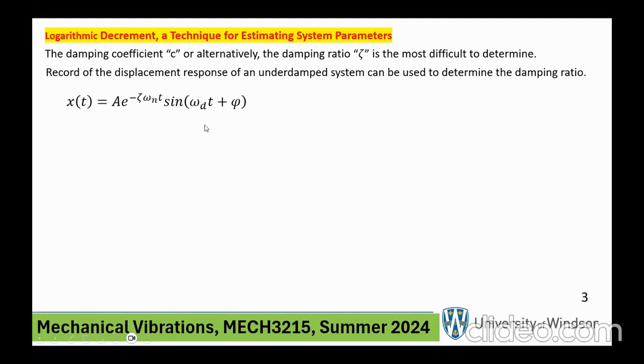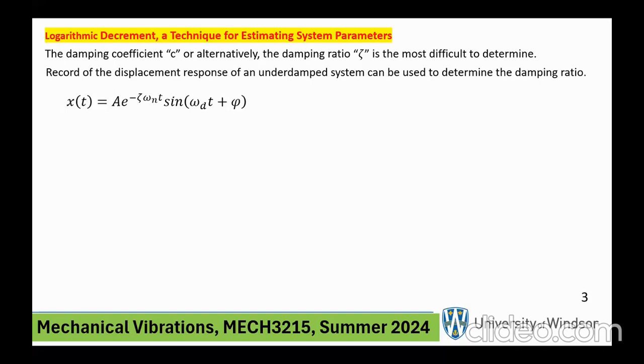This comes from 3 lectures ago, where you had the mother of all equations, m x double dot plus c x dot plus k x equal to 0, or an alternative way of writing that down was dividing by m and transforming it into 1 times x double dot, plus 2 omega n zeta x dot, plus omega n squared x equals 0.